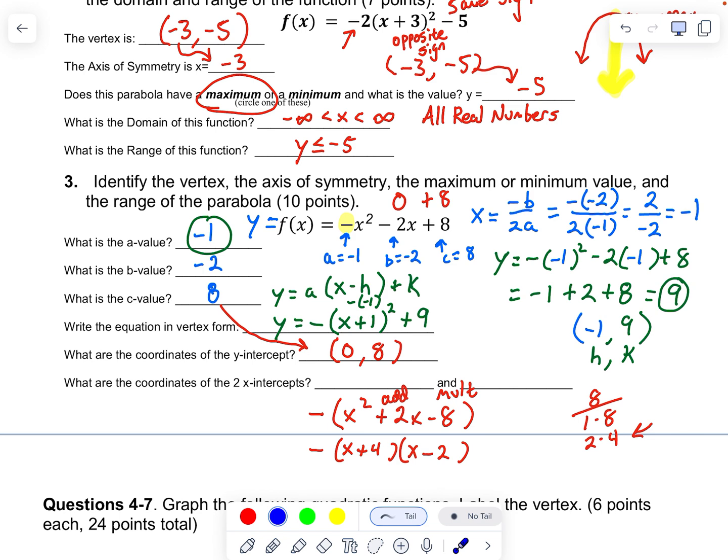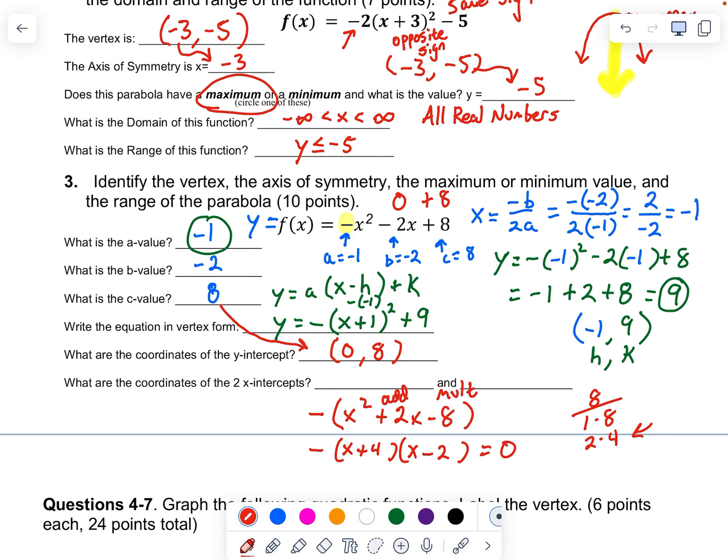Then I choose, which one am I going to make positive? Which one am I going to make negative? Well, notice the middle number is more positive than negative, so the bigger number is going to have to be positive and the smaller number negative. So x-intercepts are the same thing as zeros. If I set this equal to 0, it is the same thing as the x-intercepts.